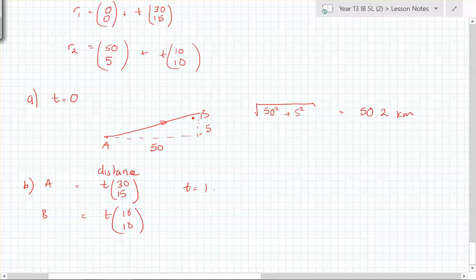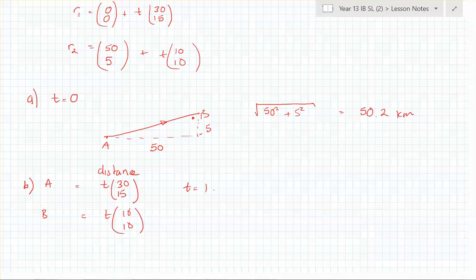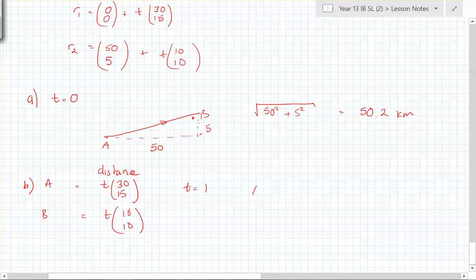Alright? So for instance, if it said how far does the boat travel in 3 hours, you'd have t is 3 and then find the magnitude. But by finding the magnitude when t is 1, we also get the speed. Okay? Alright, so when we work those out, boat A, same thing again, 30 squared plus 15 squared, square rooted.